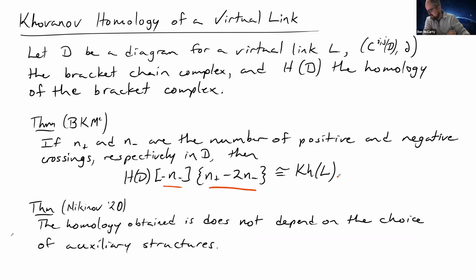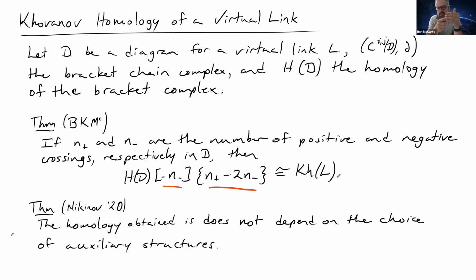That is due to Igor Nikonov, just last year, I believe, that says essentially that when you're defining a homology theory for virtual links, there are all these choices that you're making.